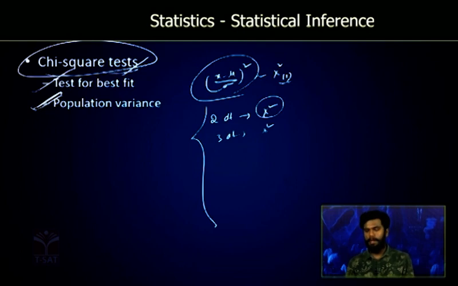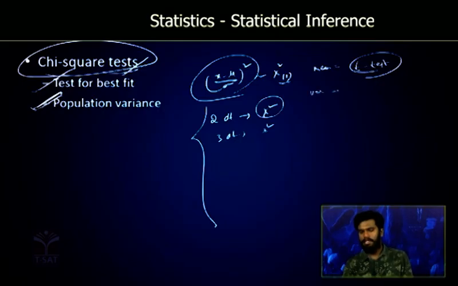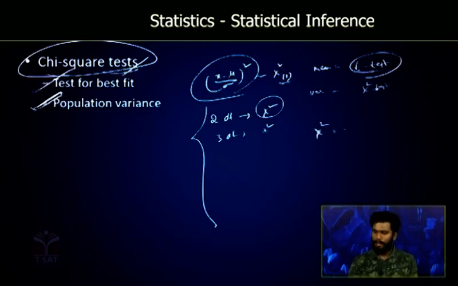For testing the population mean, what did we use? We used the t test. For testing the population variance, we use the chi-square test. See here, this chi-square test statistic is given by n into capital S square divided by sigma naught square.